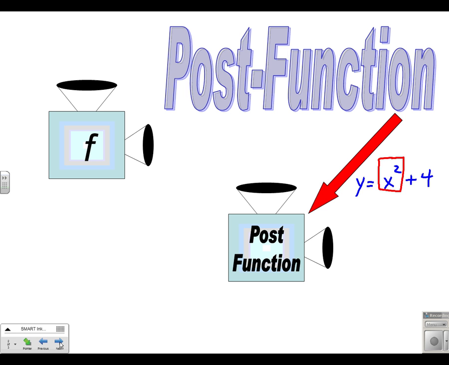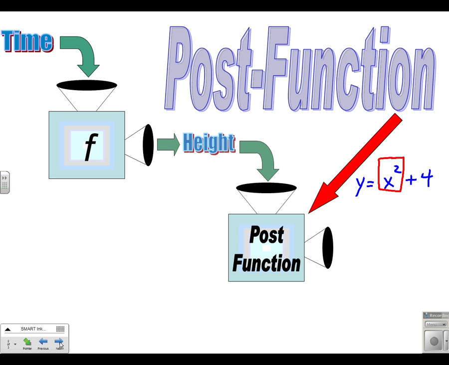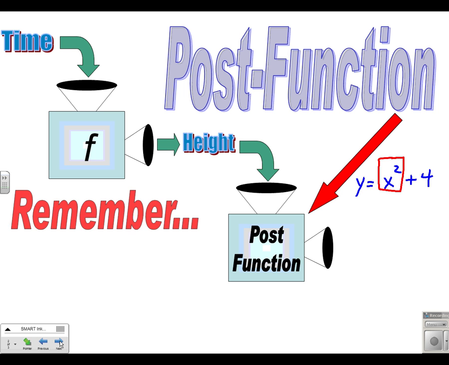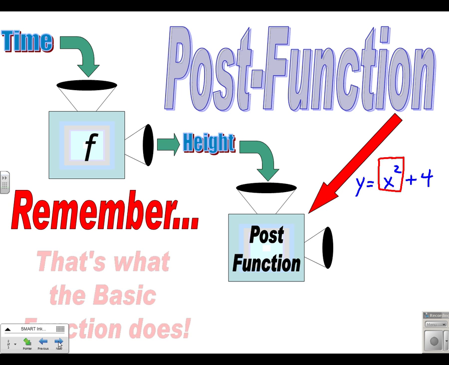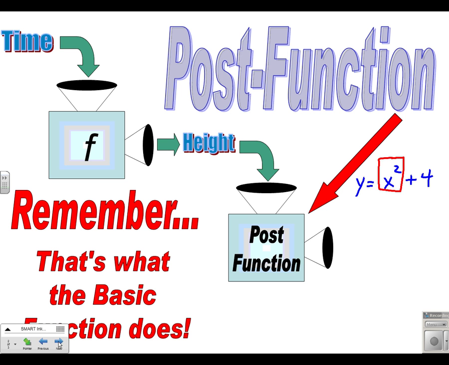Well, we know that we put time into a base function, and that base function takes that time, rumbles around, and turns it into height. Remember, that's what the basic function does. It turns time into height.